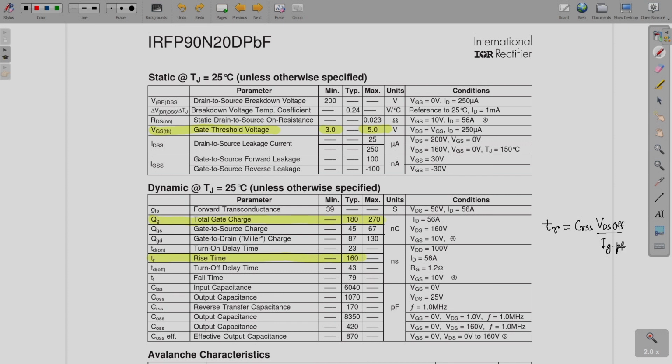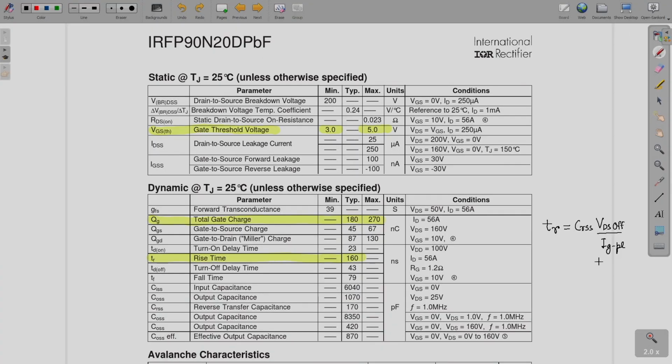Although TR is not exactly the Miller period, it is slightly greater than the Miller period, but you can use this TR itself what is given in the data sheet, or you can use something lesser than that also. So from here you can calculate this IGPL, this you can calculate by using this TR value.